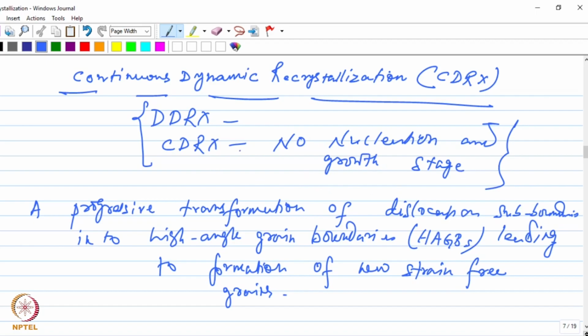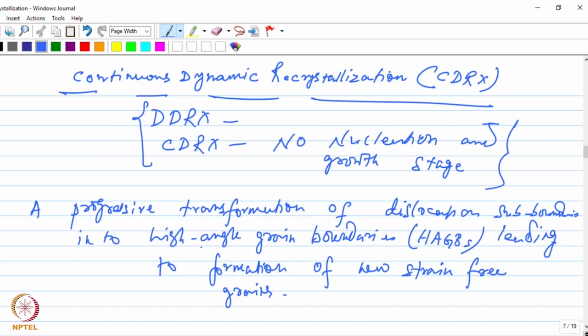And then we started talking about the CDRX process, and it is quite different from DDRX in the sense that in this particular phenomenon, there is no well-defined nucleation and growth stage. Rather, it occurs uniformly across the lattice through a process which involves progressive transformation of the dislocation subgrain boundaries into high angle boundaries.